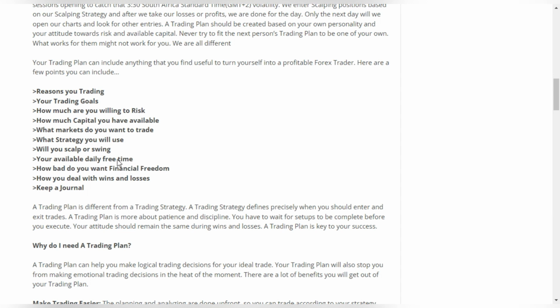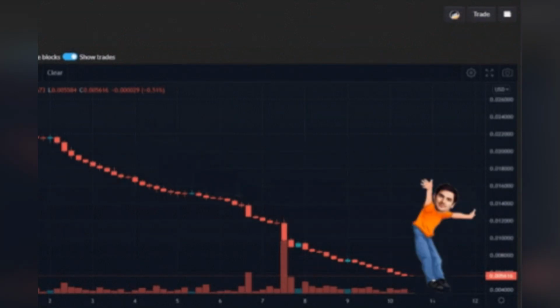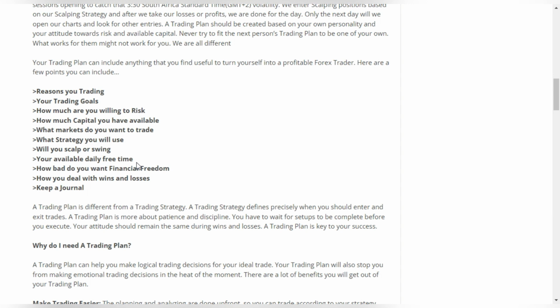The amount of free time you have will determine whether you're a scalper or a swinger, and also your patience in the markets. Are you able to hold the trade and see it play out, go down into drawdown and then back into profits, again into drawdown, back into profits, until it actually hits either your stop loss or your take profit, right? That is something you need to analyze about yourself before you consider whether you're going to take the scalping approach or the swinging approach to trading, right?